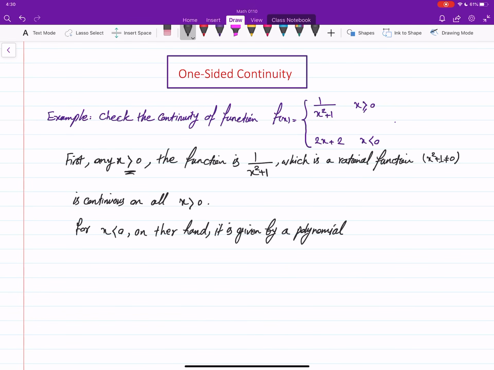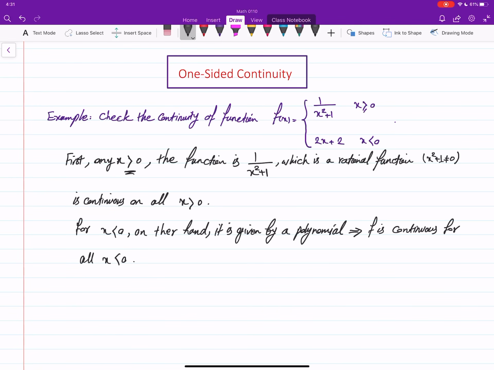And polynomials are continuous everywhere, so as a result f is continuous for all x less than 0.